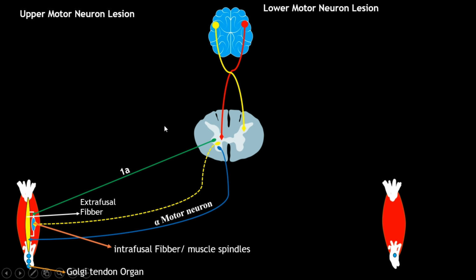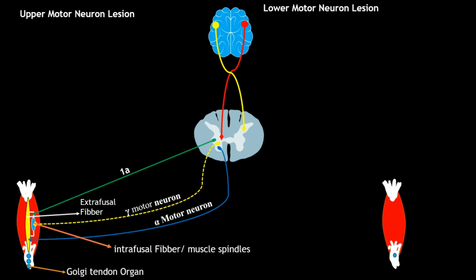So here is another motor neuron called a gamma motor neuron. These fibers supply the muscle spindles. So the alpha supplies the extrafusal fibers, the gamma supplies the intrafusal, or spindle, fibers. Let's suppose we activate the gamma motor neurons.